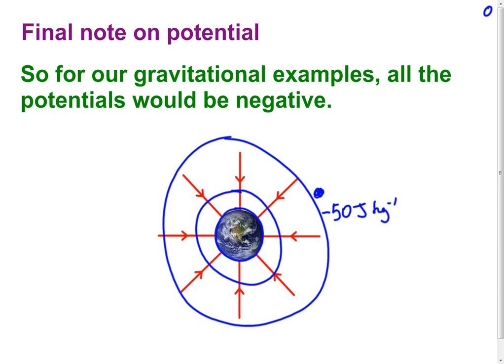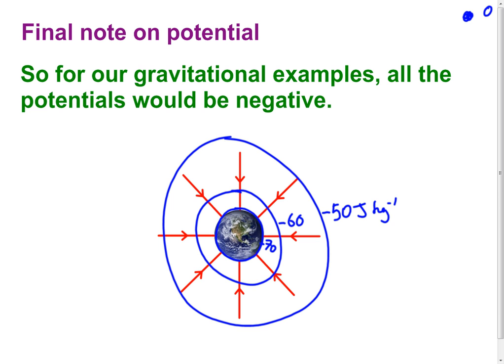So that means for each kilogram of mass I've got here, 50 joules of work is done on it by gravity, getting it to that point. Now if it moves even further, even more work will have been done by gravity. So that will be minus 60, and here minus 70, let's say. So as a consequence of this definition, all of our equipotentials are actually negative here for our gravitational example.